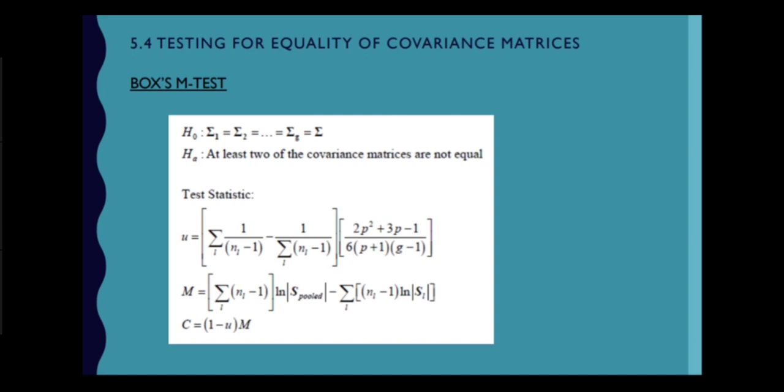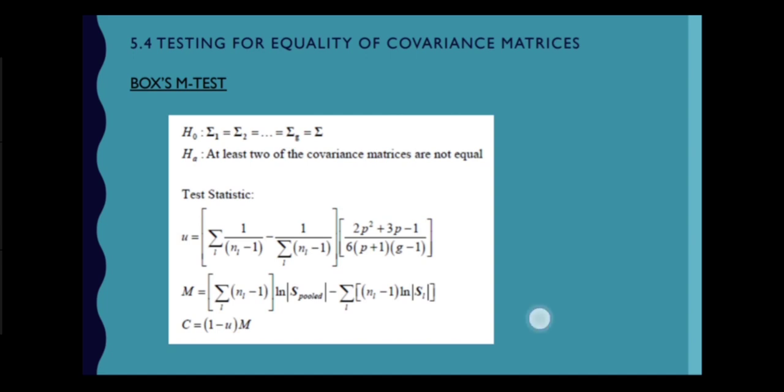So for that part you need to calculate the value of 1 over n minus 1 for each of the treatments or populations. Okay, minus 1 over the summation of n_l minus 1. So you need to find the n_l minus 1 for each of the treatments, then you sum up. Okay, then you find the difference between those two parts.